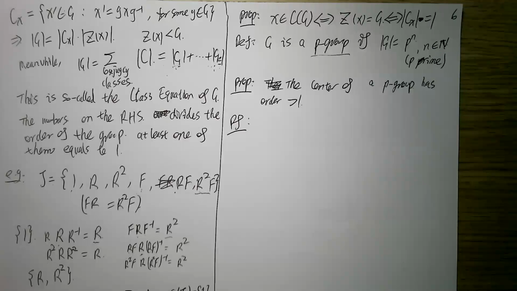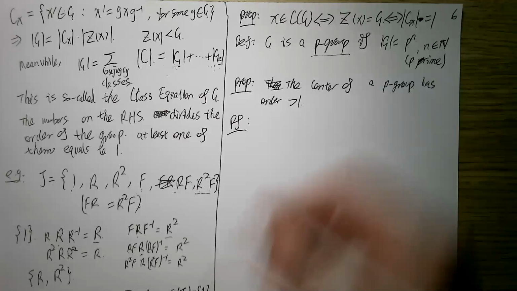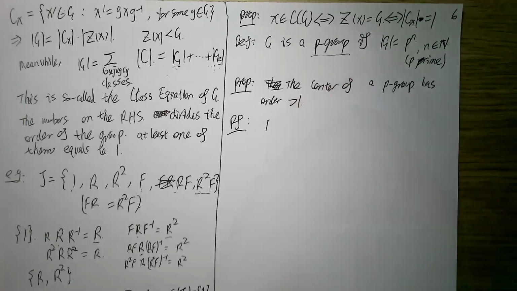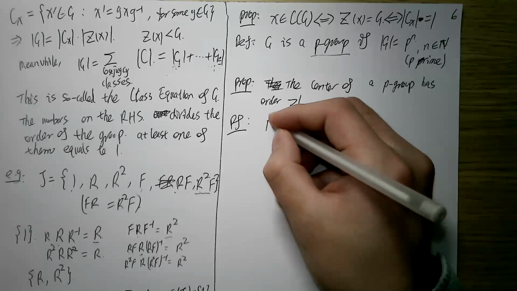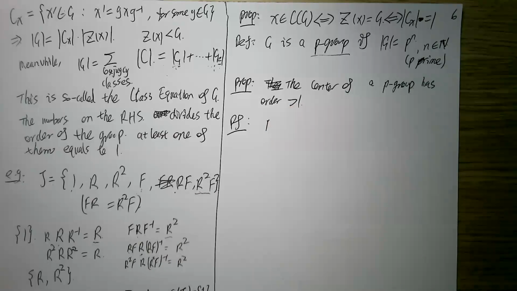Yes. Because if the center has order one, then G is equal to the sum of every conjugacy class, which means the sum of every other class is p to the power of n minus one.